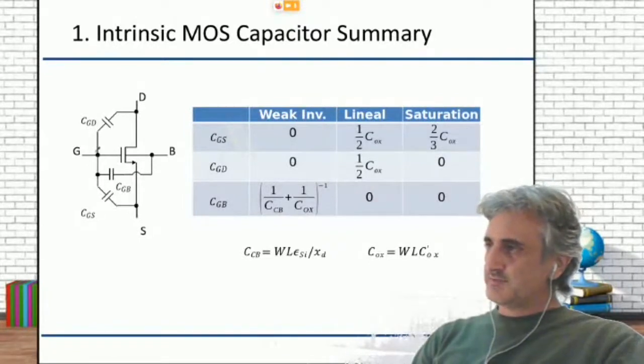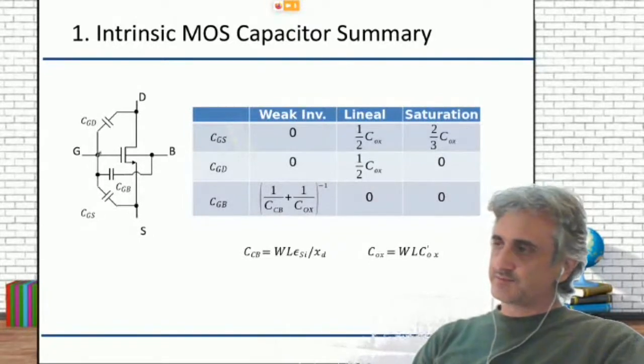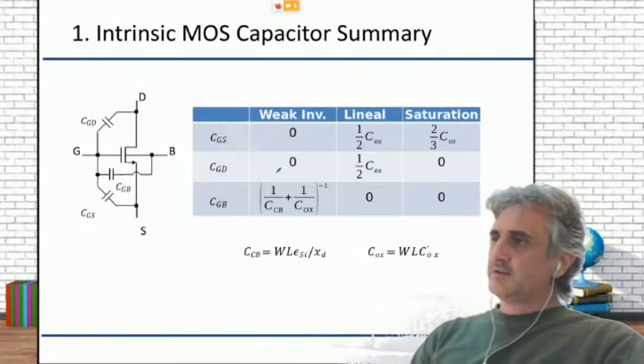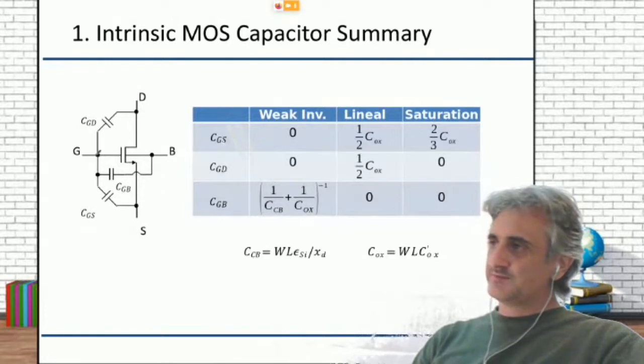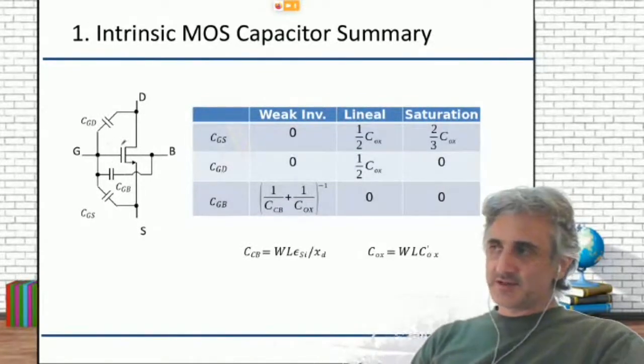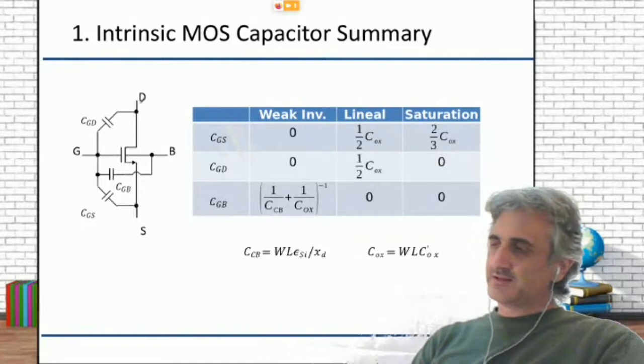CGS means between the gate and the source, 0. And between gate and drain, 0. We are below the threshold, so there is no influence whatever, because there is no channel here. Anything we do, the current is still 0. So there is no charge, no capacitances between these terminals.